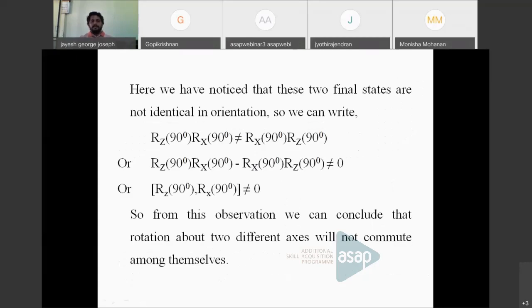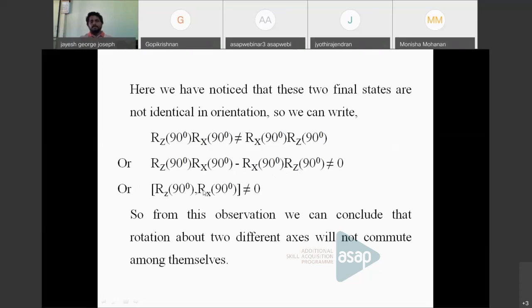Here we have noticed that these two final states are not identical in orientation. So we can write Rz(90) Rx(90) is not equal to Rx(90) Rz(90). Or we can write Rz(90) Rx(90) minus Rx(90) Rz(90) is not equal to 0.